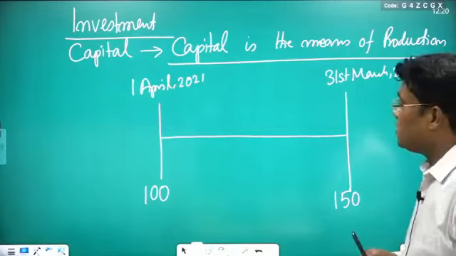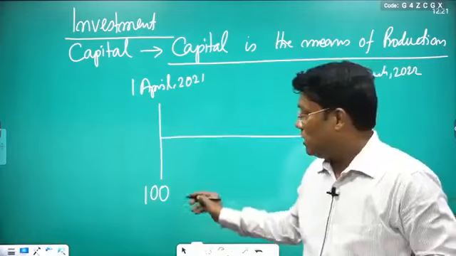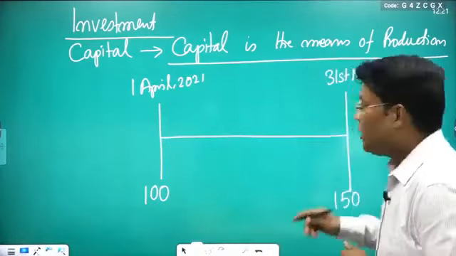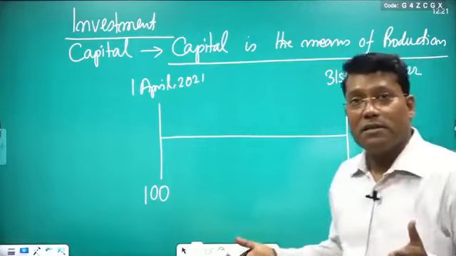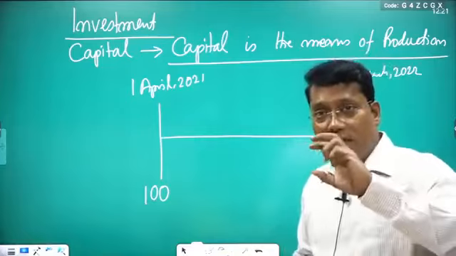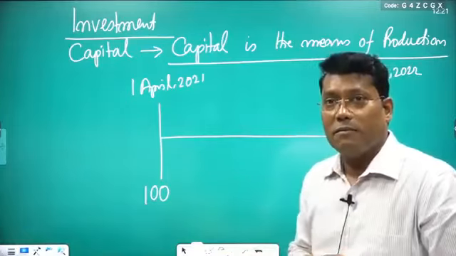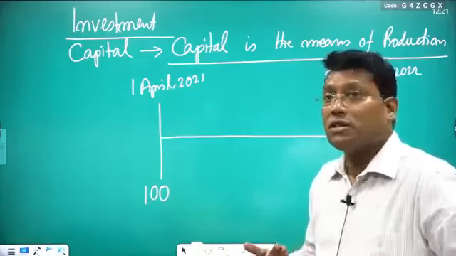So when you measure the machine's stock at this point, 100 is your capital because the machine is the means of production. If you measure on 31st March, this 150 is your capital because it's the means of production. If you measure at a point of time how much stock you have, that is capital because you are using it as a means of production.